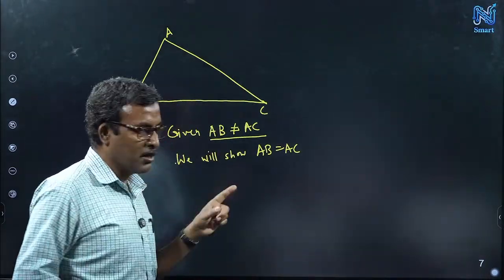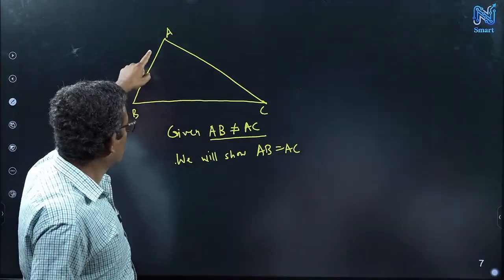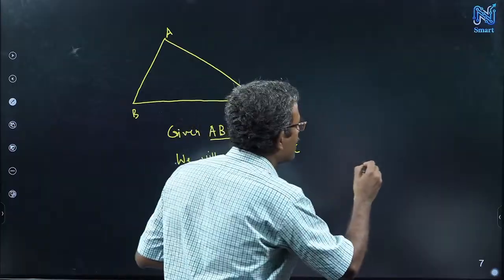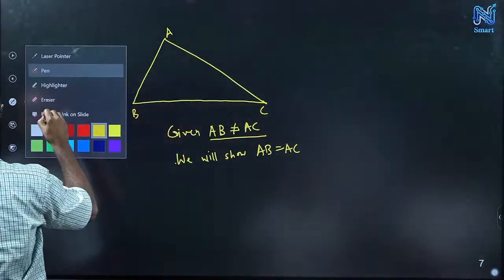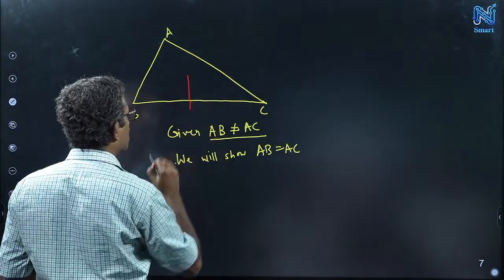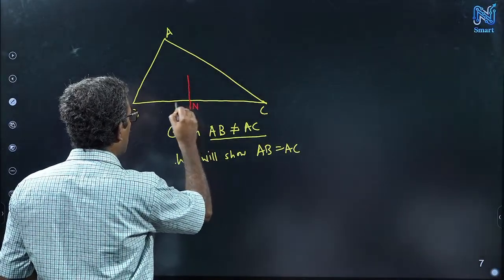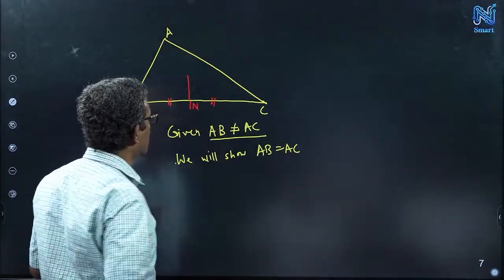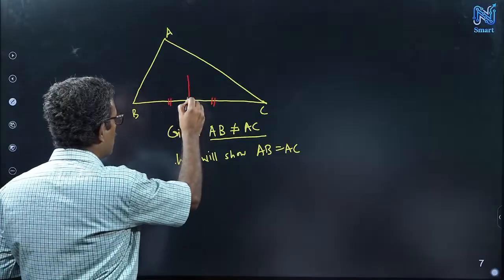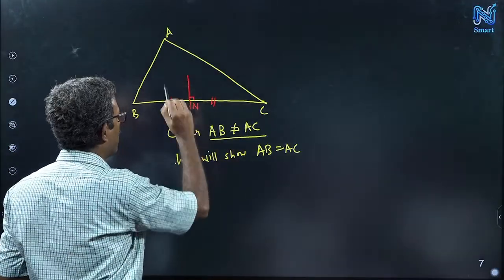You must observe the steps. What are the steps? We first drop the perpendicular bisector of BC. N is the midpoint of BC and this is the perpendicular bisector.